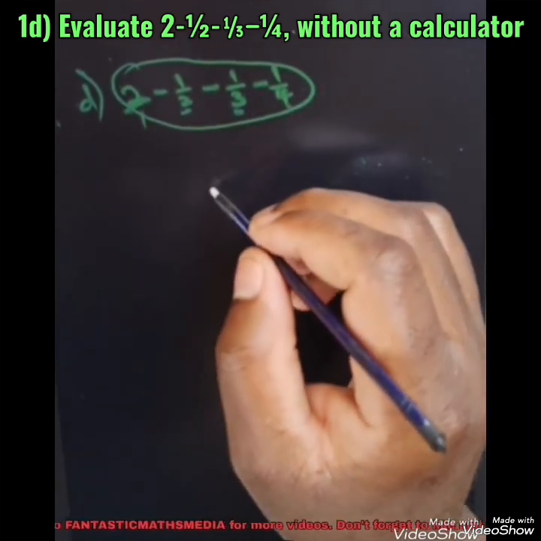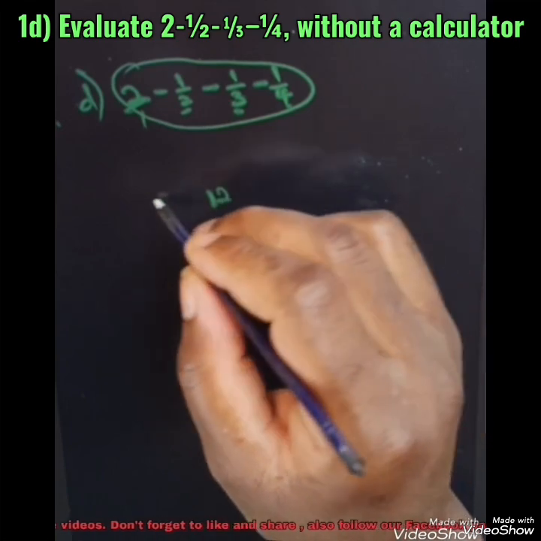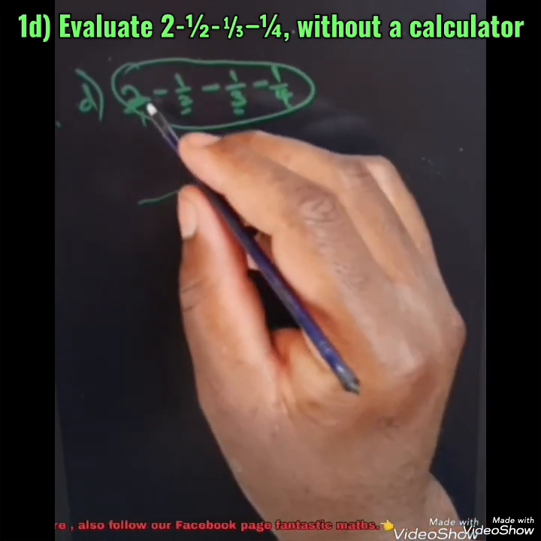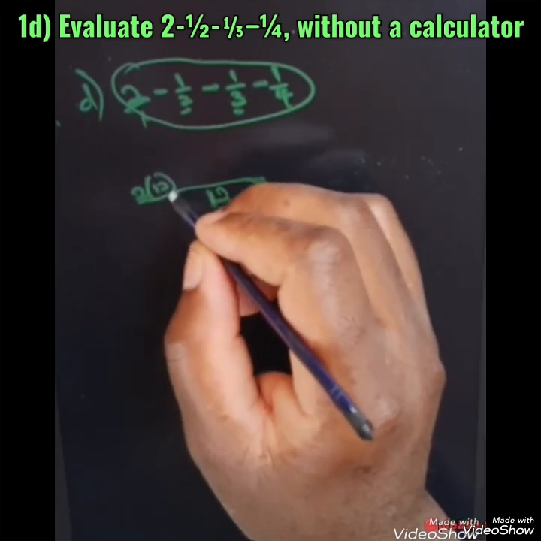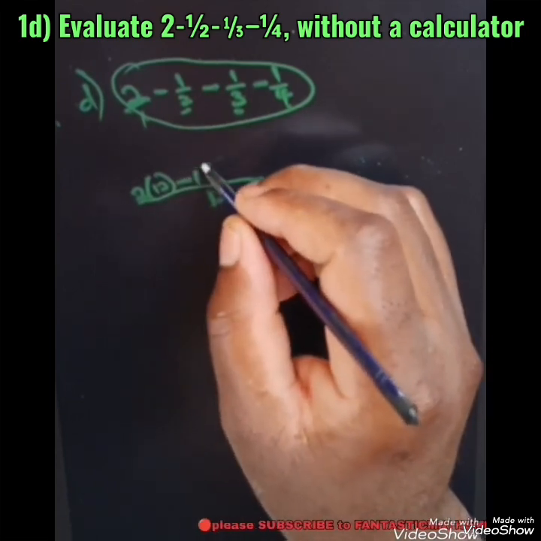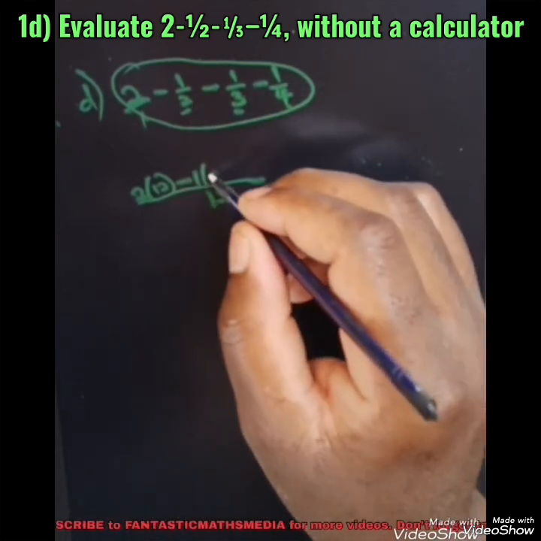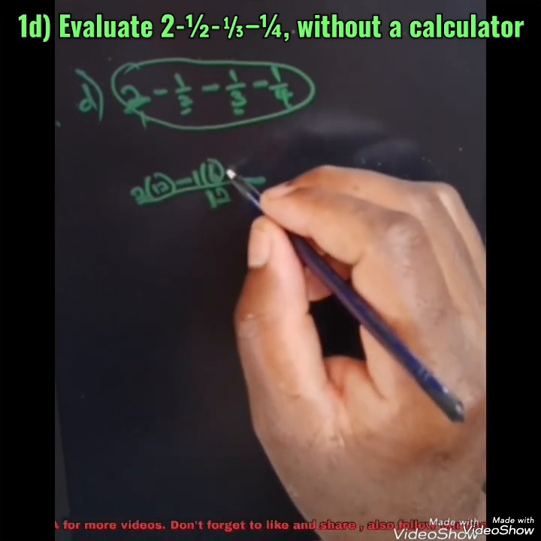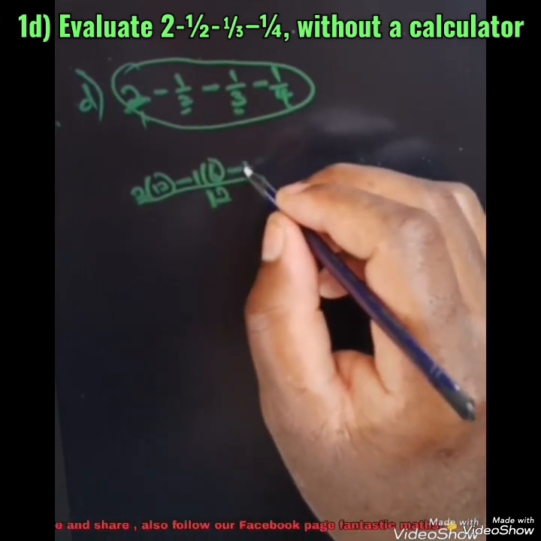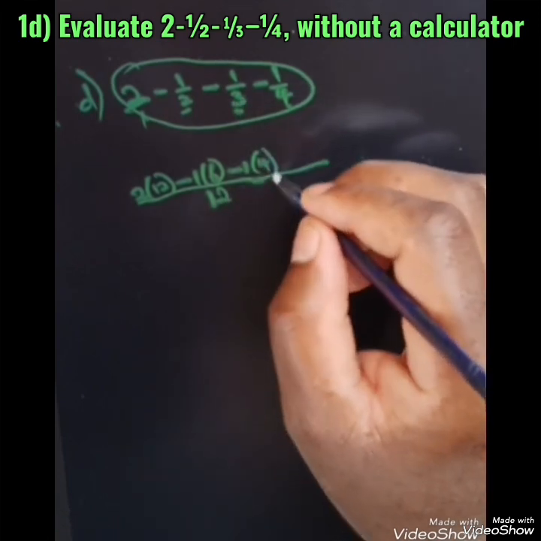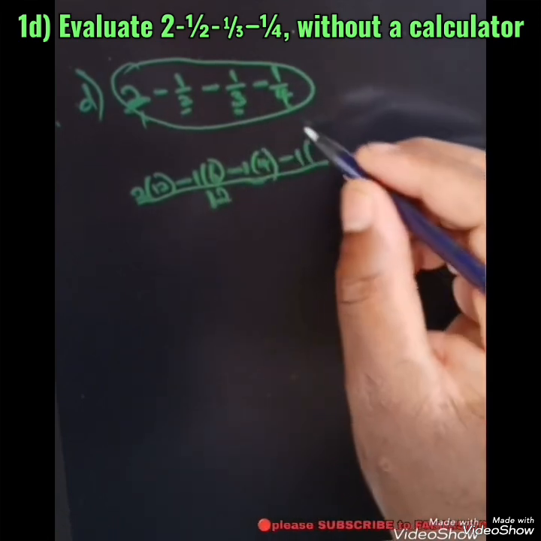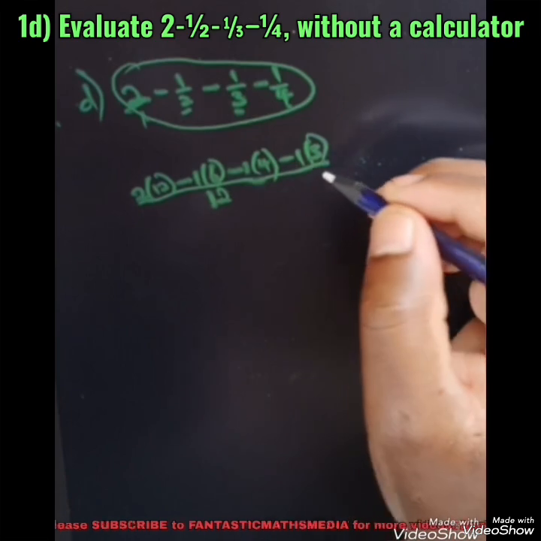Here we have a 2. 1 into 12 is 12, minus 1 open bracket, 2 into 12 is 6, minus 1 open bracket, 3 into 12 is 4, minus 1 open bracket, 4 into 12 is 3.